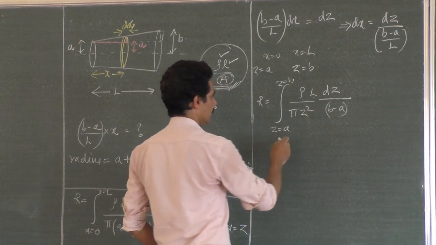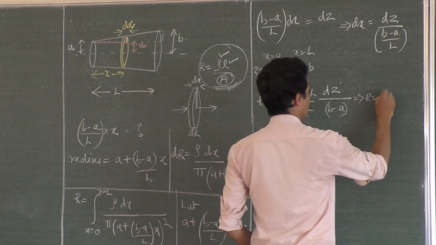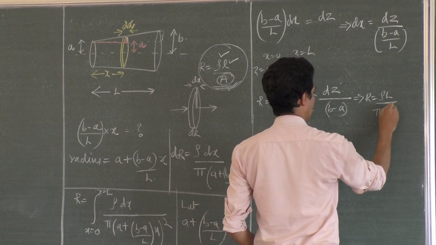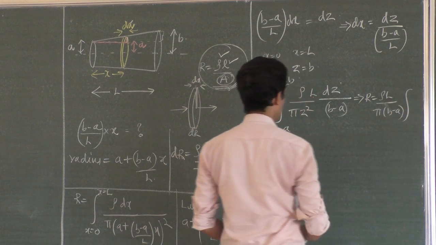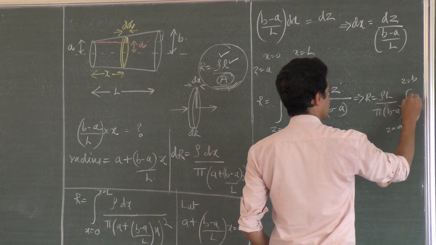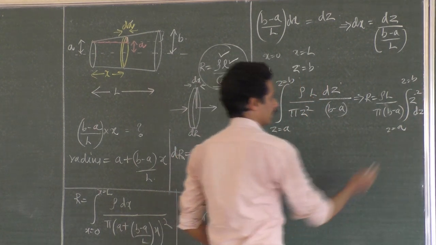So that implies R is equal to rho L divided by pi into b minus a, integration from z equal to a to z equal to b, z to the power minus 2 dz. Am I right? Okay, I'll write it here.